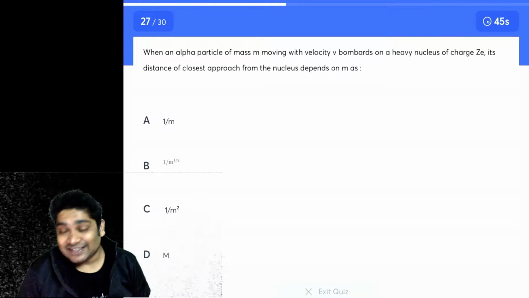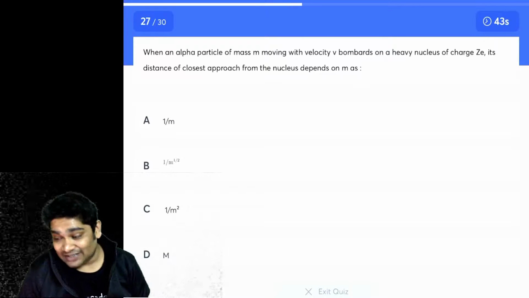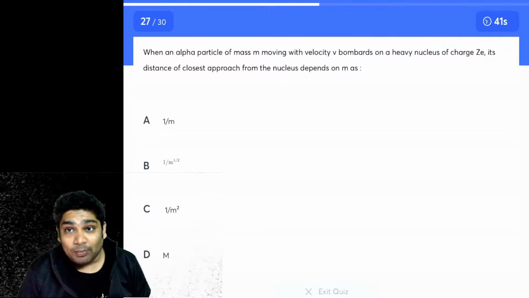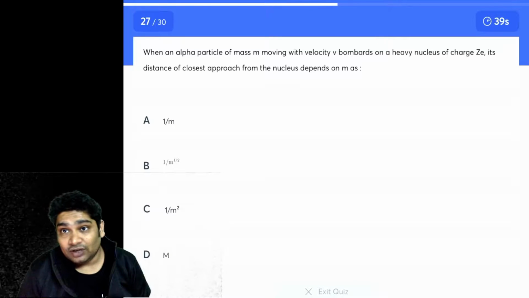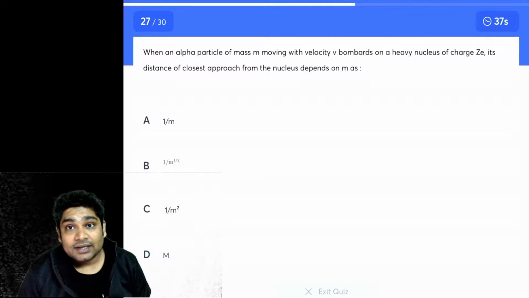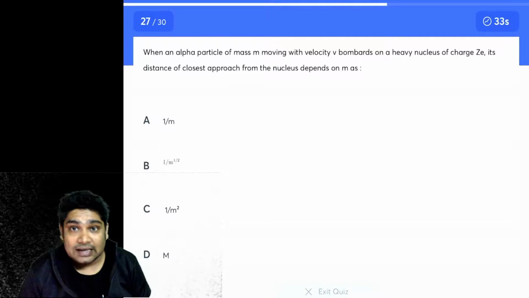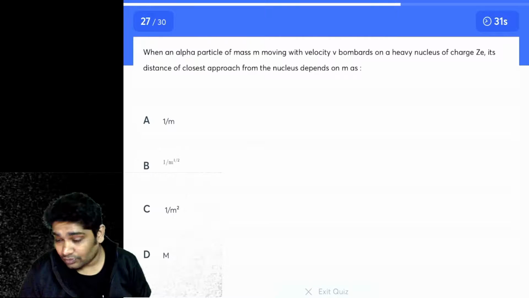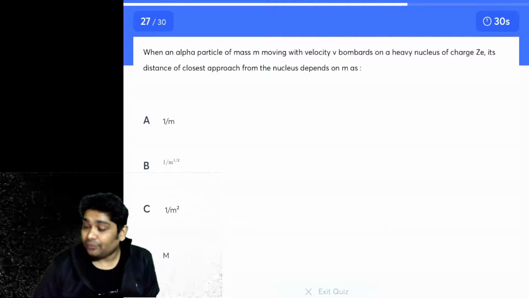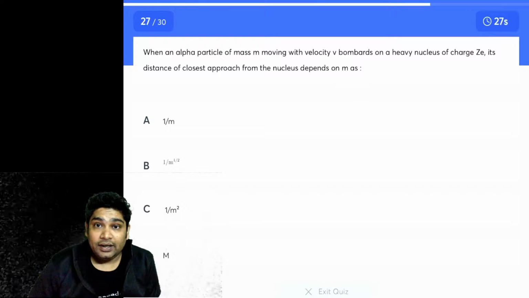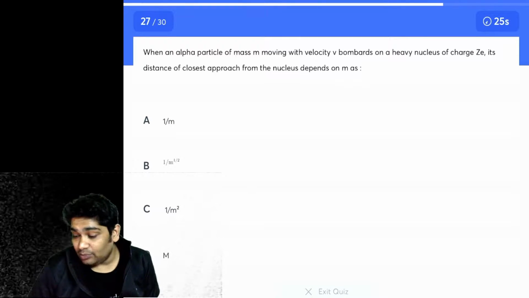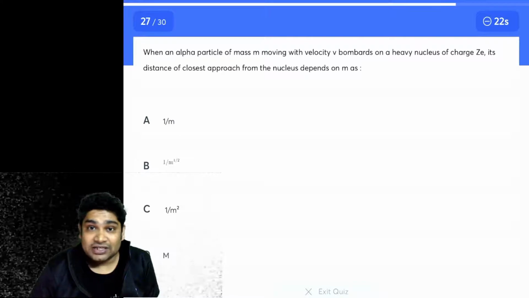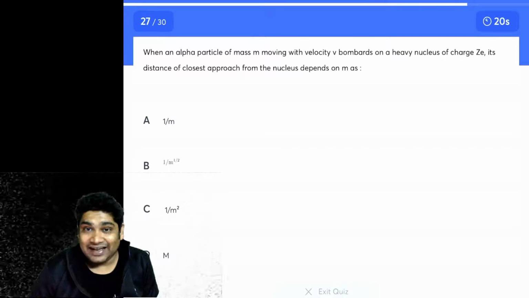The question says: when an alpha particle of mass m moving with a velocity v bombards on a heavy nucleus of charge Ze, its distance of closest approach from the nucleus depends on the mass m as: A, 1 by m; B, 1 by m root m; C, 1 by m square; or D, m itself.